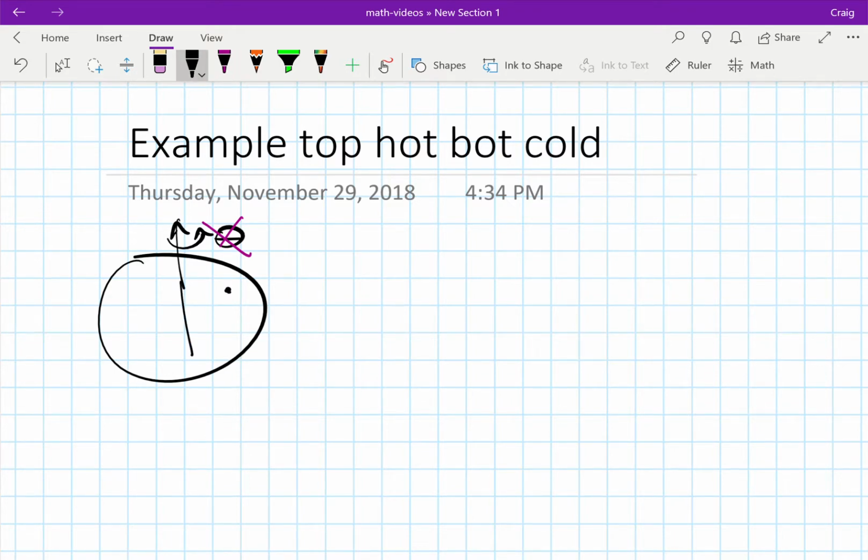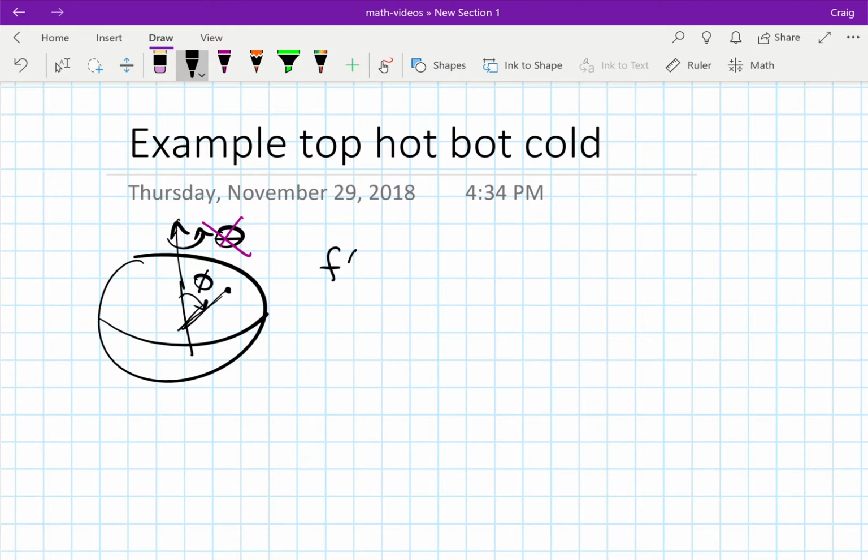So we have some point up here on the surface, and the polar angle is phi. And so now I want to specify the value of the function on the surface, and let's suppose that the top, the northern hemisphere, is hot.